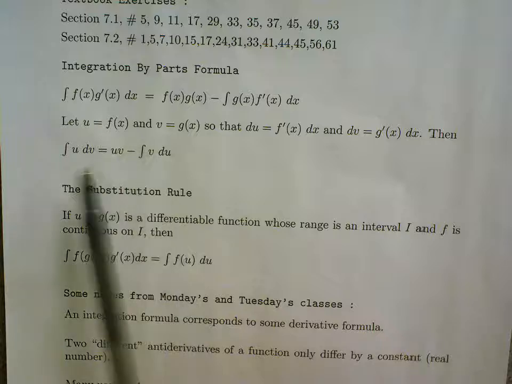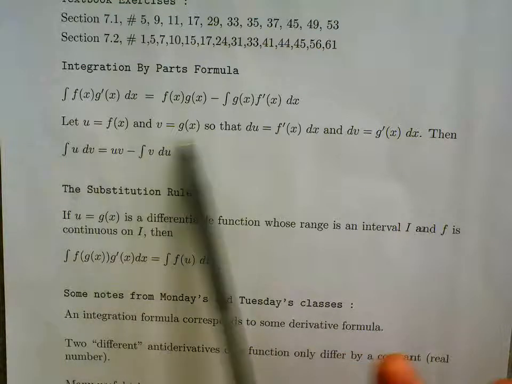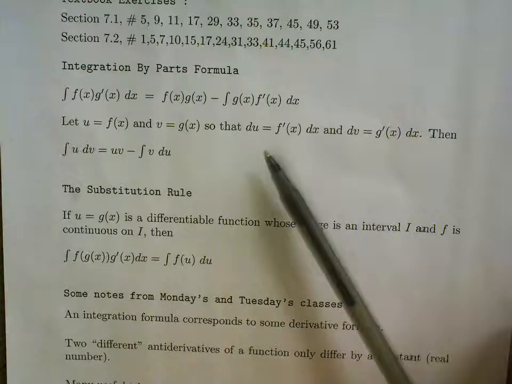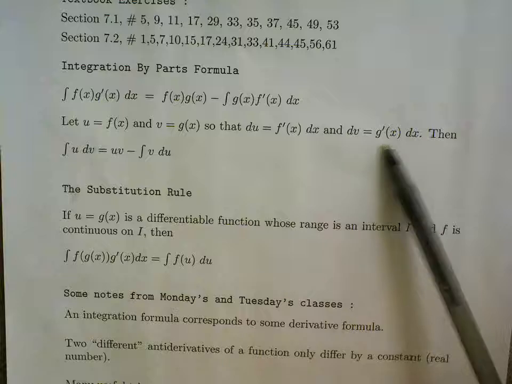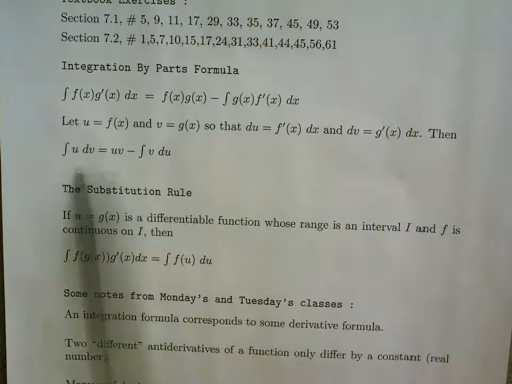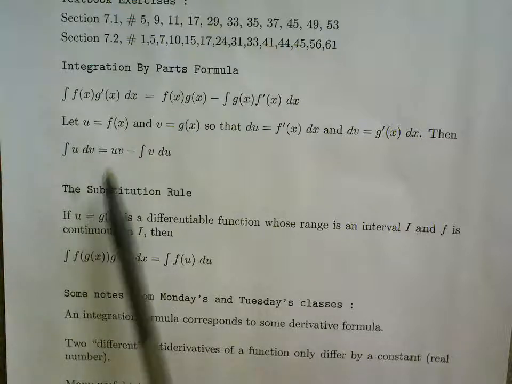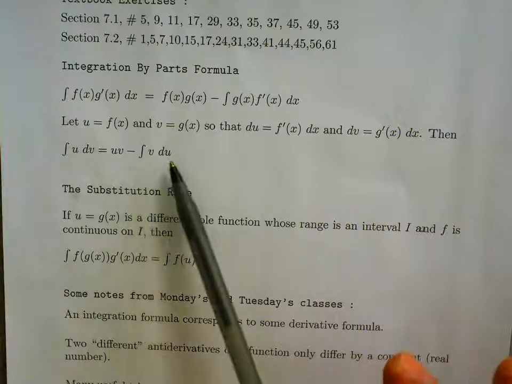And a simpler formula, if you let u be equal to f of x and v equals g of x, so that du is f prime of x dx and dv is g prime of x dx, then you can write the integration by parts formula this way. The indefinite integral of u dv is equal to u times v minus the indefinite integral of v du.